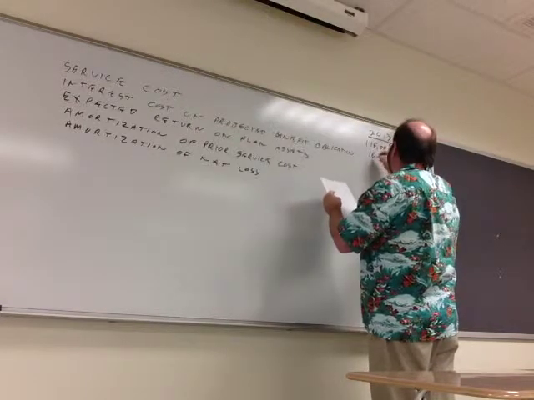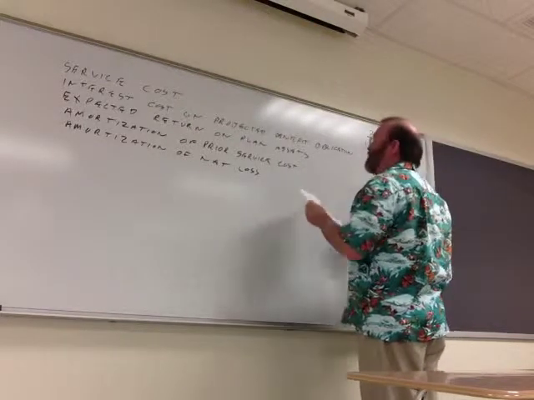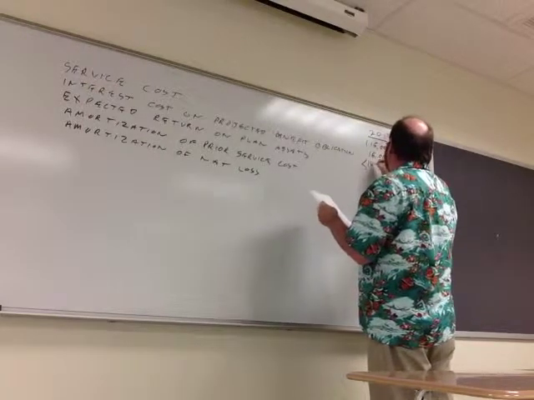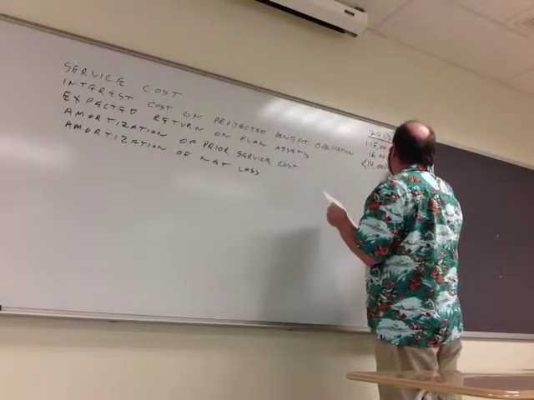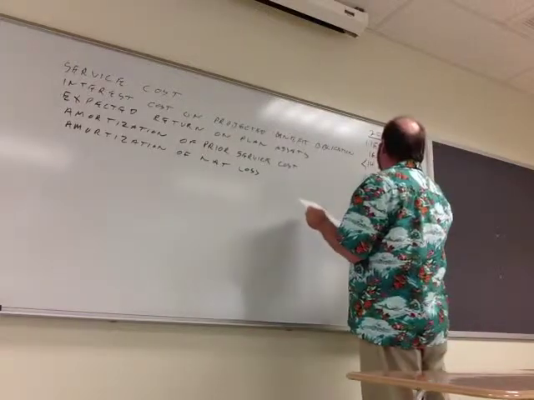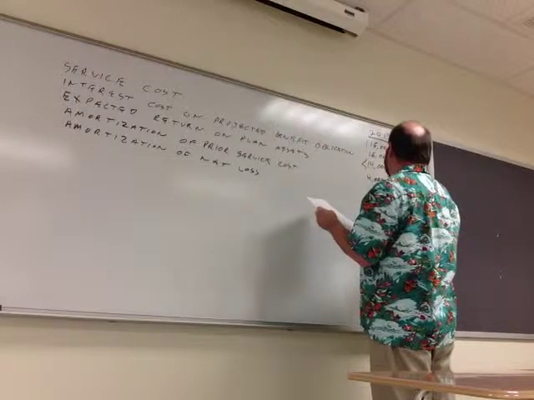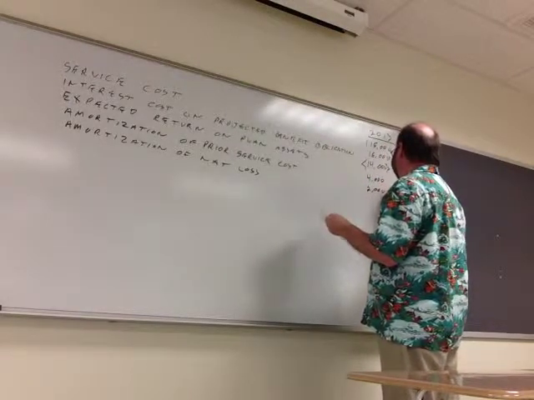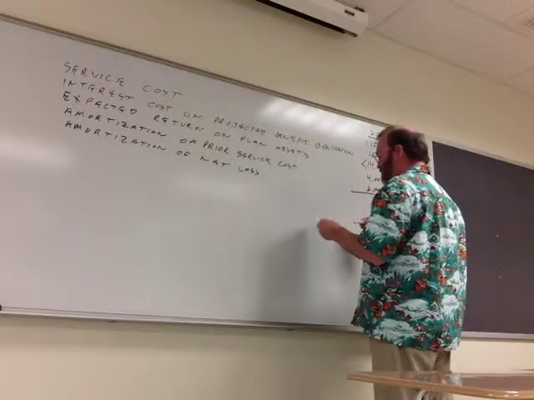The problem gives us $16,000 of interest. It is also given that $14,000 is the expected return on our plan assets, $4,000 of amortization from the prior service cost, and $2,000 of the net loss.